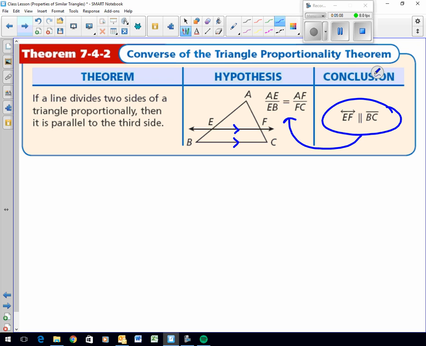And in this example, I'm taking this information to conclude that that's true. See how they chase each other, right? So sometimes you'll be given that these are parallel lines and you'll be solving for a side. Sometimes you'll be given four of the sides and asked if they are parallel, right?